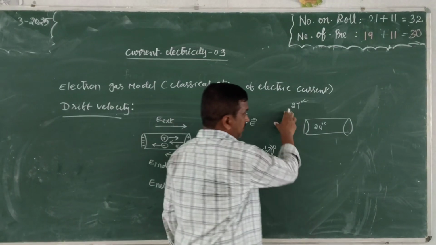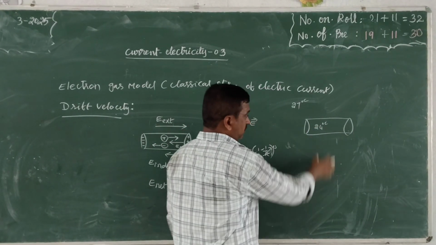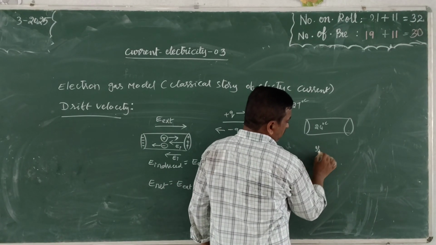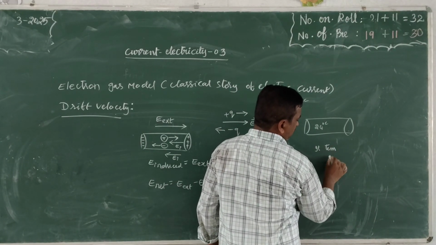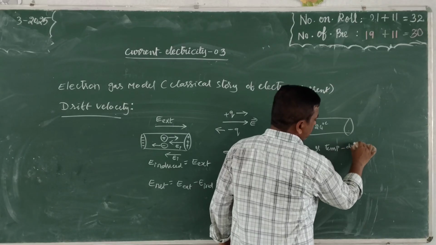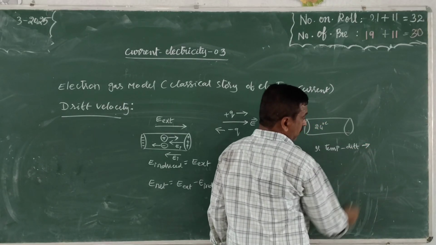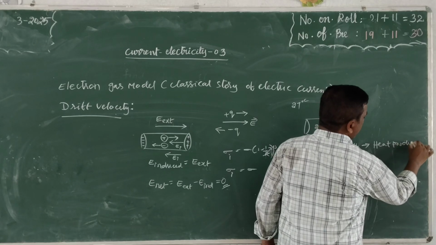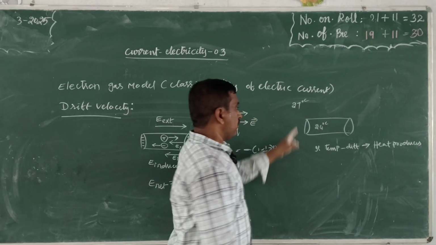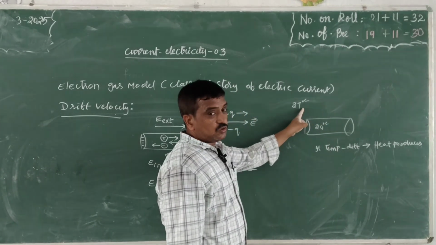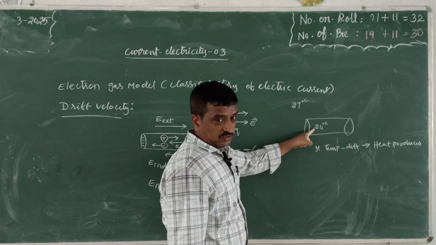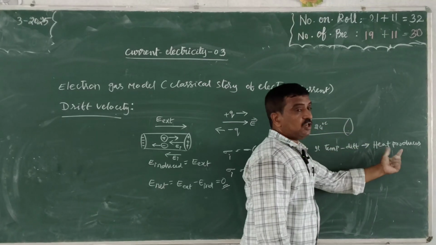This is the reason: outside is 27 degrees, inside is 24 degrees, and because of this temperature difference, heat is produced.